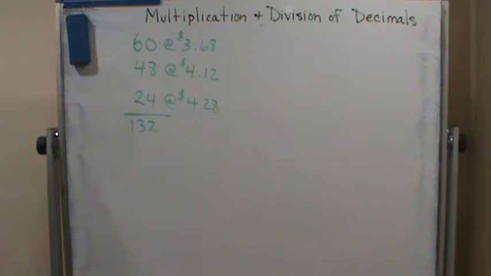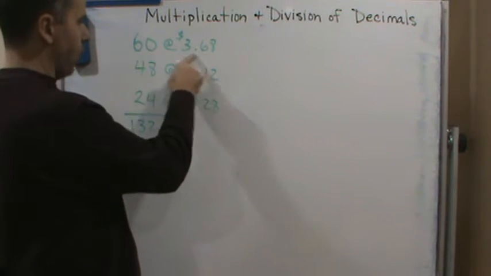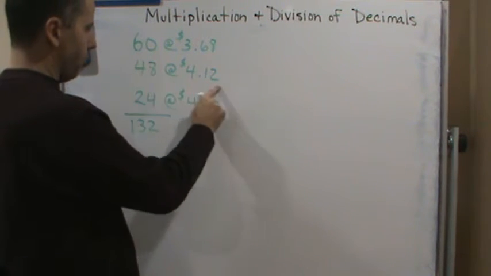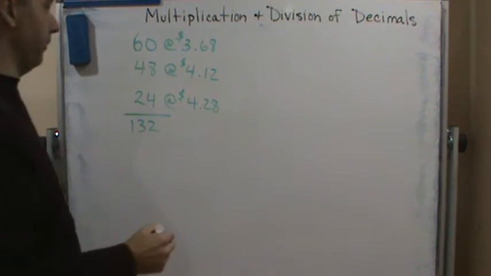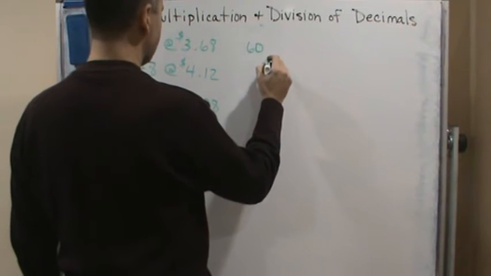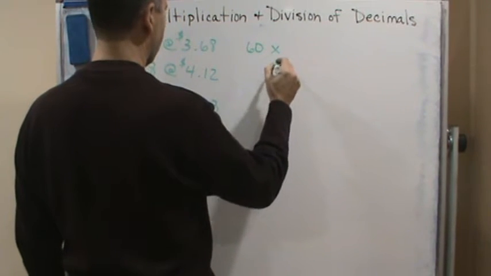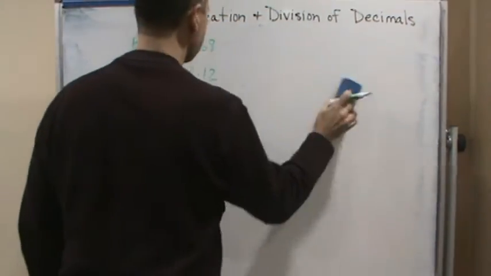And now what we need to do is find the total cost. So we're going to find the total cost for this order, the total cost for this order, and the total cost for this order, and then we're going to have to add those together. So this is going to be 60 times 368, right?